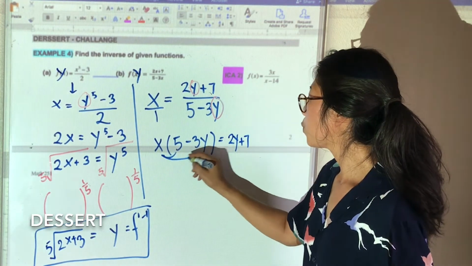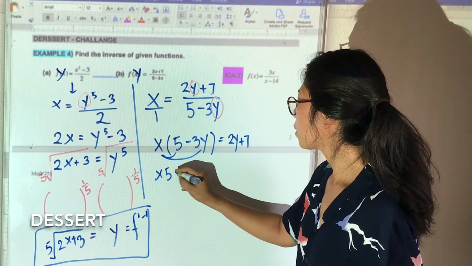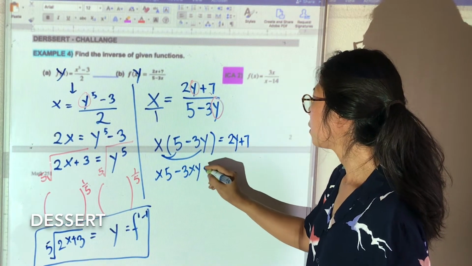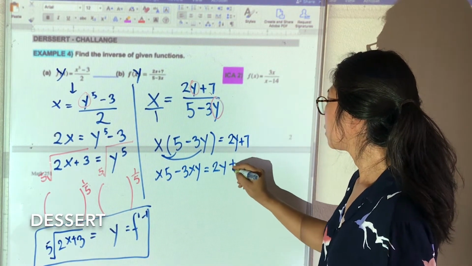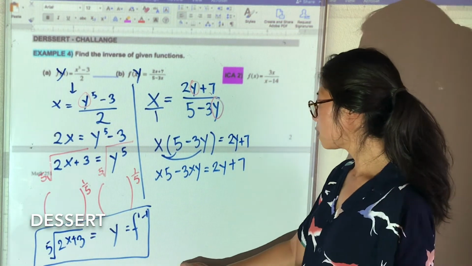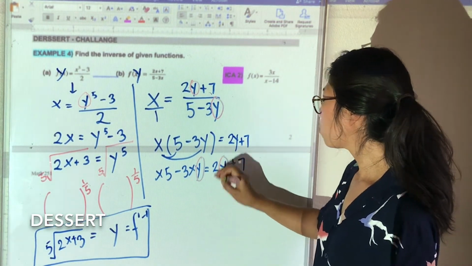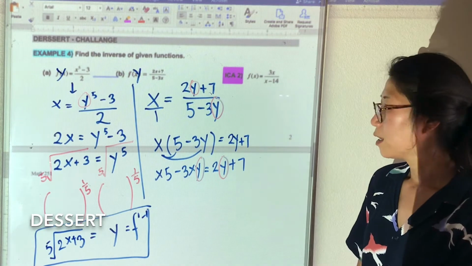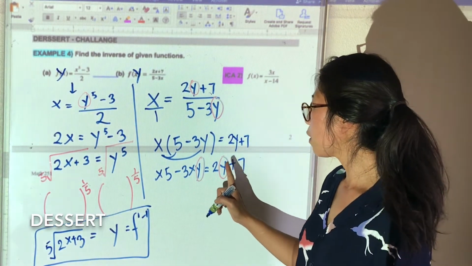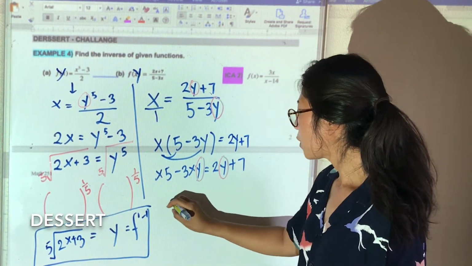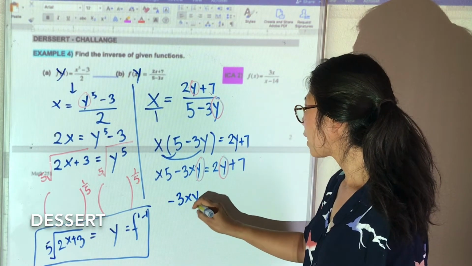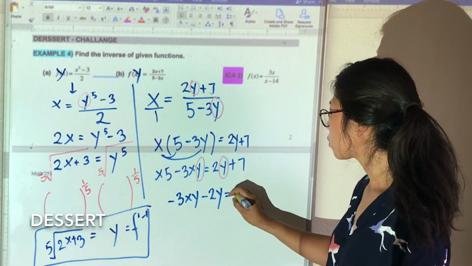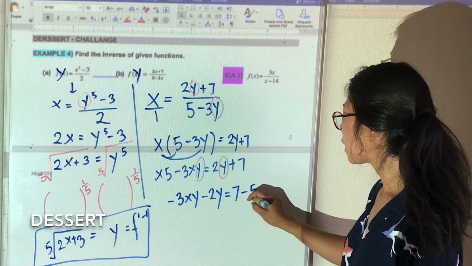Then by distributing, I can organize separately. I still see that there are 2 y's here, which I need to make 1. So I'm going to move everything to one side. So I have negative 3xy minus 2y is equal to 7 minus 5x.